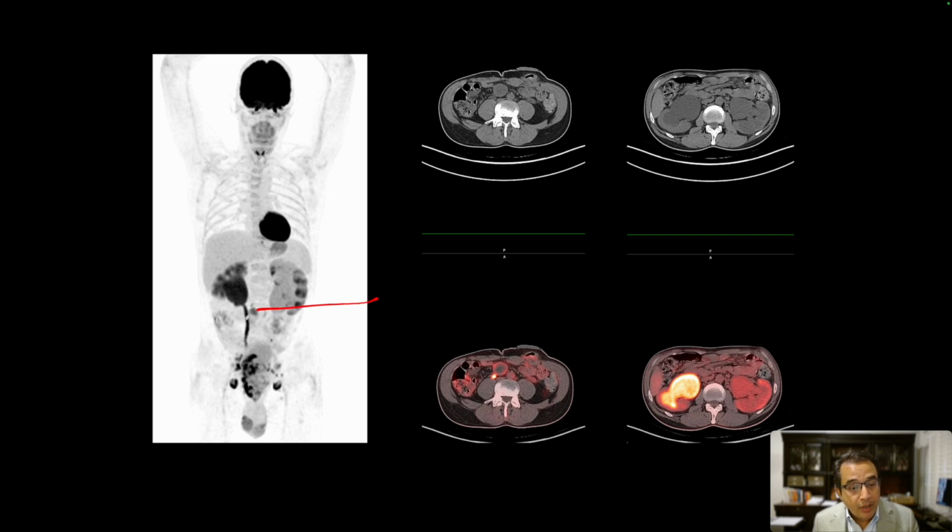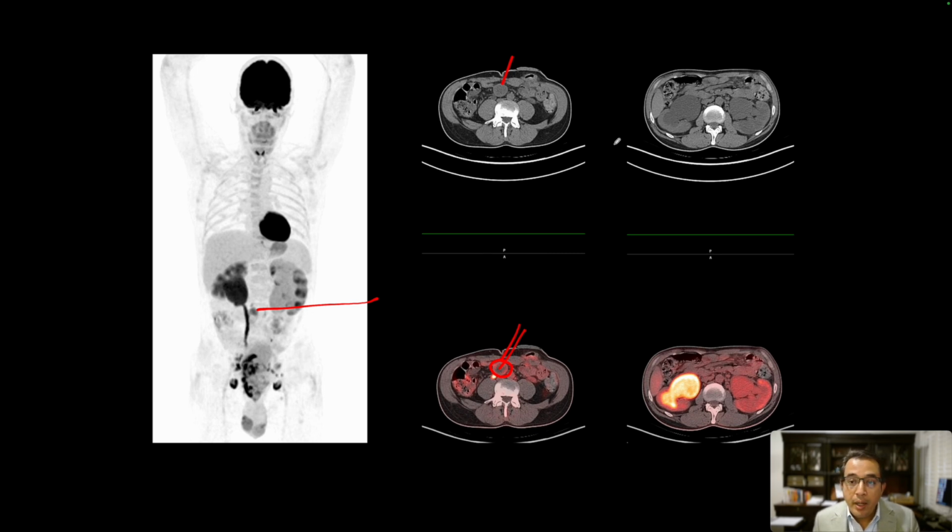This is a metastatic lymph node. Look at the degree of hypermetabolism there. It's not very hypermetabolic, and that's because if you look at the metastatic disease on the axial image and the fused axial image, we find that there is only peripheral hypermetabolism, and the central hypodensity is because there is mucin there. There are no cells there to show increased FDG uptake except in the periphery that we saw.